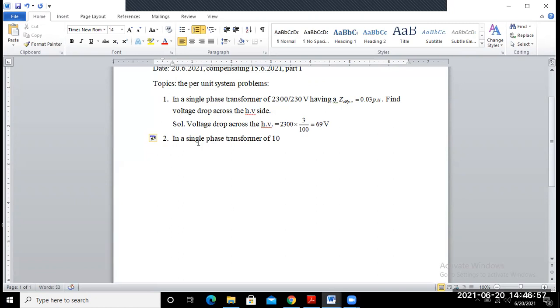The voltage rating is given as 2300 volt divided by 230 volt.